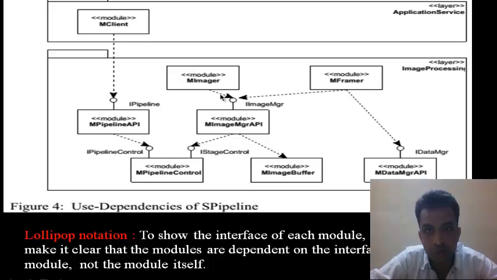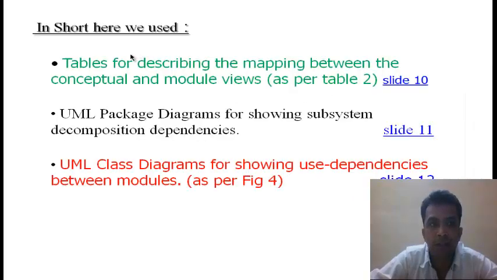These two modules are going to interact with each other by their interfaces with the help of the lollipop notation, because they look like a lollipop, so that's why the scientists gave it that name.